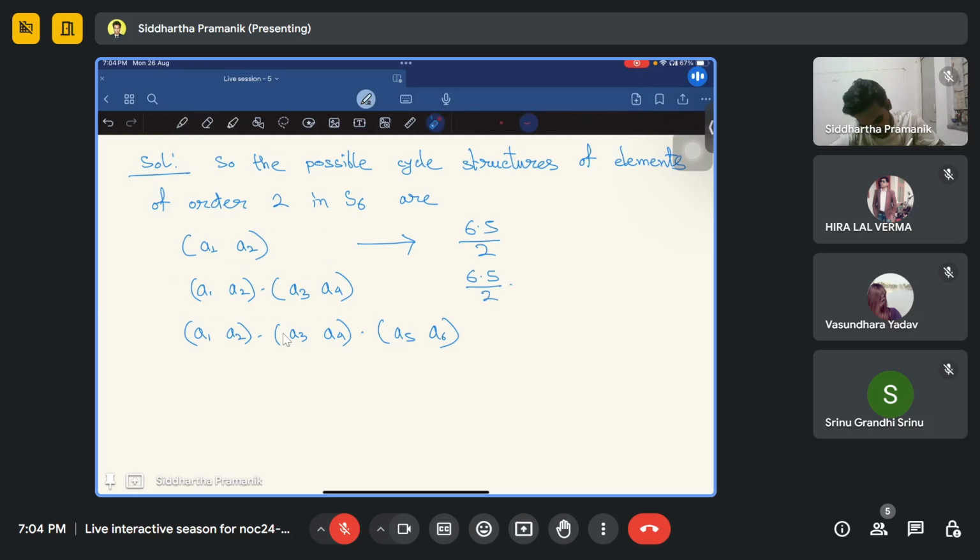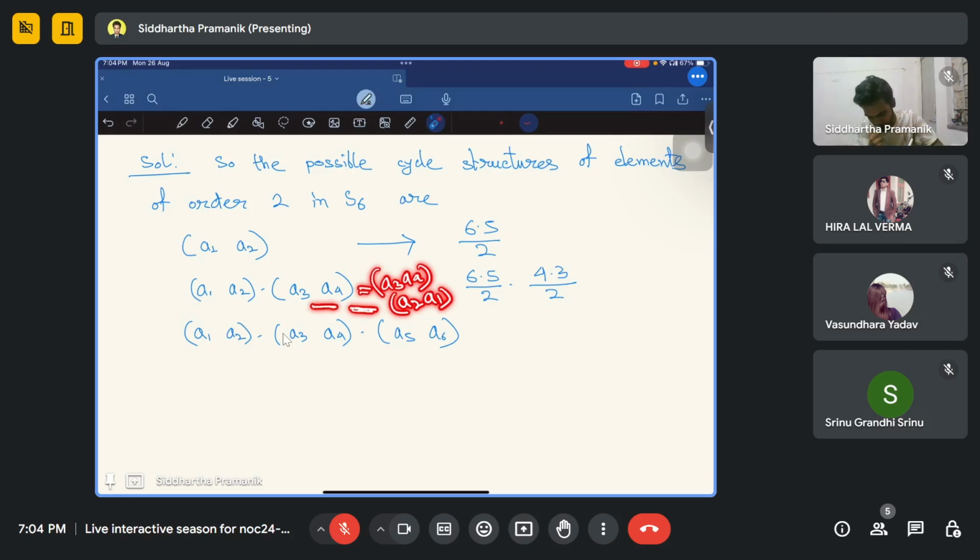Now A3 has 4 choices, A4 has 3 choices, and it is a 2-cycle, so we divide by 2. But this is the same as (A3 A4)(A1 A2), because these are disjoint cycles, so they commute.